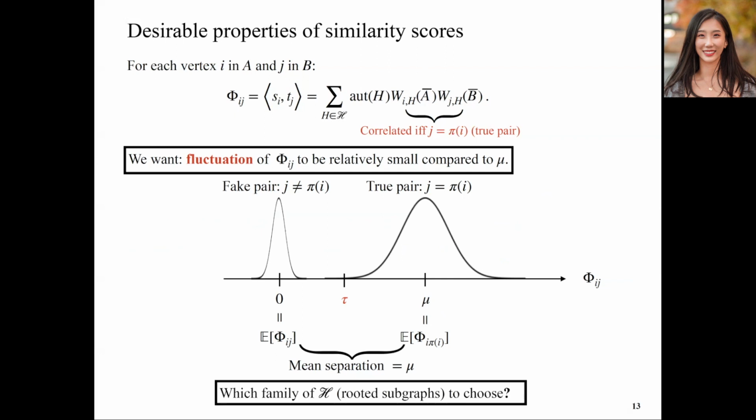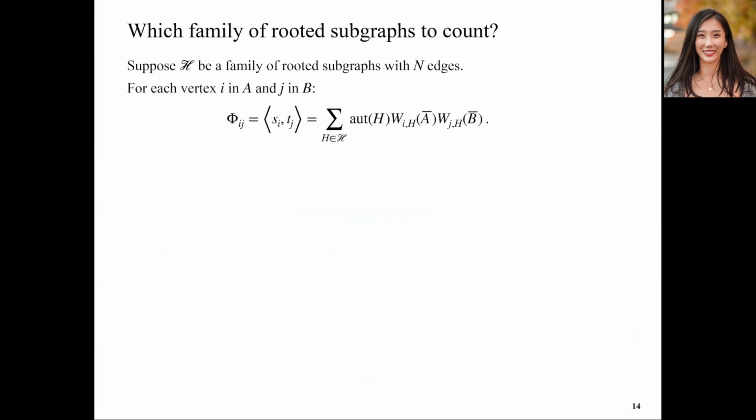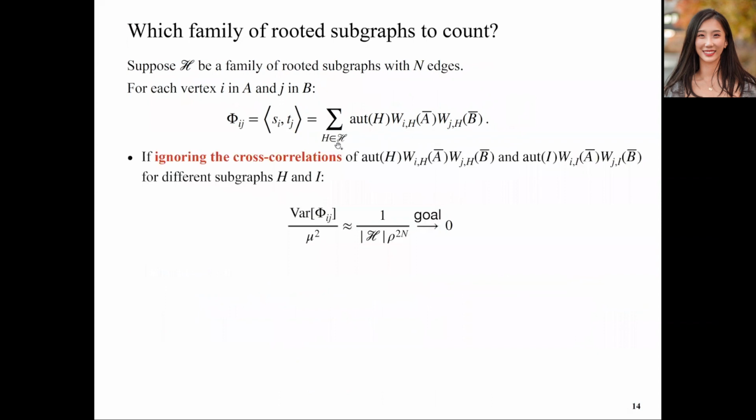Then the question leads to which family of rooted subgraphs to choose so that we can guarantee the fluctuation of the score is relatively small compared to the mean separation. To control the fluctuation of the score, it's sufficient to look into the second moment of the score, and we need to expand the summation when we compute the second moment. If we ignore the cross correlations between different terms within the summation, then we can compute this ratio, which is the variance divided by mu squared.